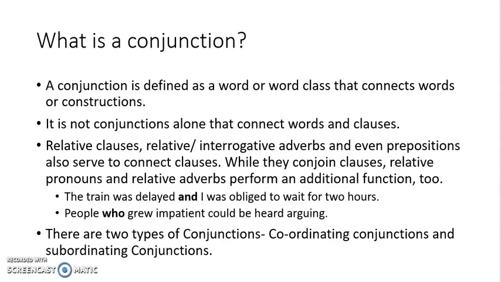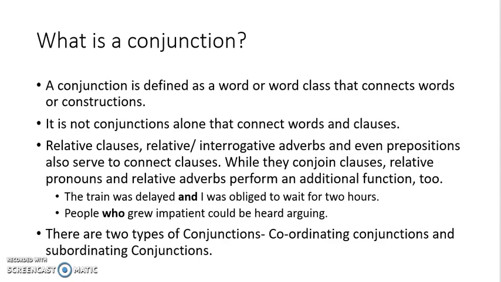And one thing we have to keep in mind is that all the words or clauses or phrases which are used to connect words or clauses need not always be conjunctions, because there can be other grammatical categories which can connect two clauses together. For example, when we have seen relative clauses, we have seen that we use relative pronouns or relative adverbs to connect these clauses together.